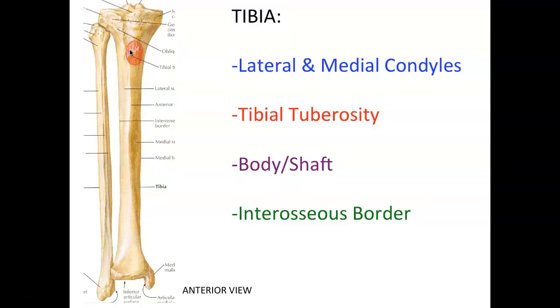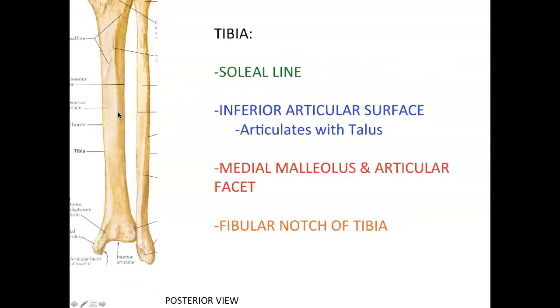Now remember, this is where your patellar ligament attaches to, and it's also where all of your quadriceps muscle on the anterior surface of your thigh are going to go and insert into. We have our body or shaft, which is easy enough to remember. That interosseous border on our tibia will face laterally because we know that interosseous membrane will sit in between here to attach to that border.